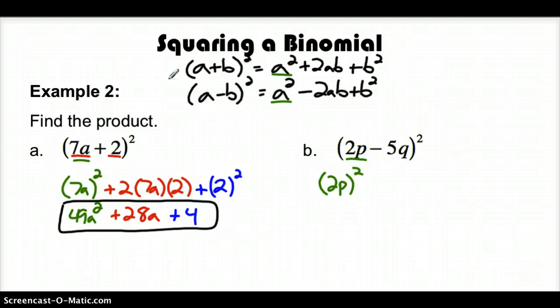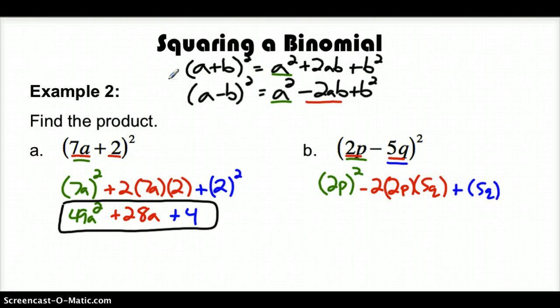Okay, my negative 2ab part is going to be minus 2 times 2p times 5q. And my final b term here is just that 5q, so it's going to be plus b squared, or plus 5q squared. Okay, and now my final answer here will be 4p squared.